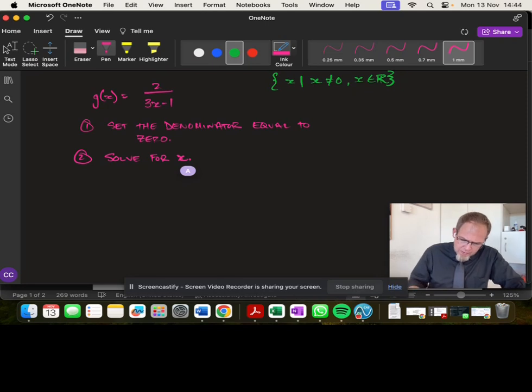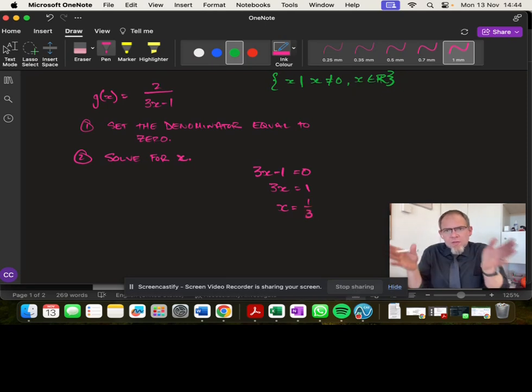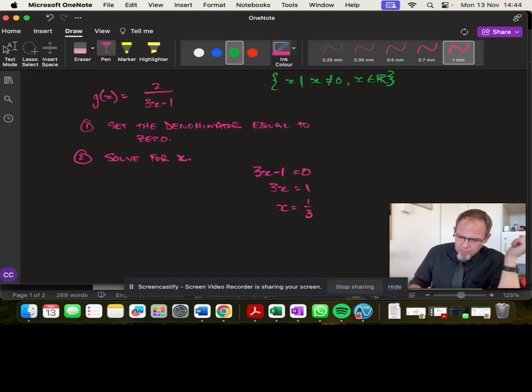So if I do that, 3x minus 1 is 0. That would give me 3x is 1, because I'd add 1 to both sides. And then x is equal to 1/3. So that denominator becomes 0 if x is 1/3. That means that x cannot be 1/3.